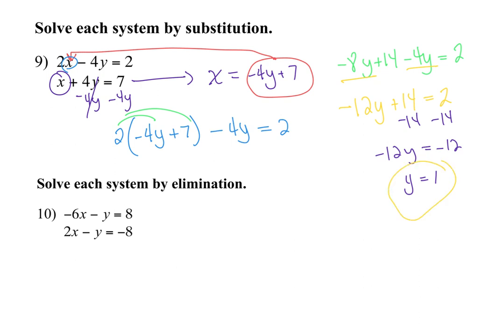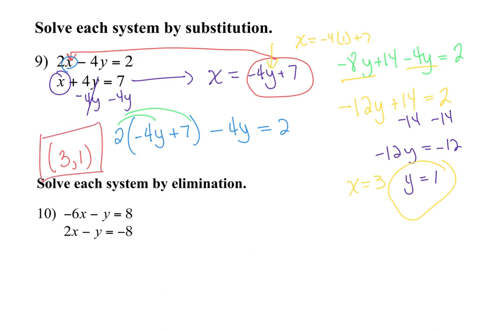You should have taken that 1 and plugged it in here. So I have x equals negative 4 times 1 plus 7. Negative 4 plus 7, x equals 3. So my answer is going to be an xy just like it was when I was graphing. I have 3, 1 as my answer. That was substitution.